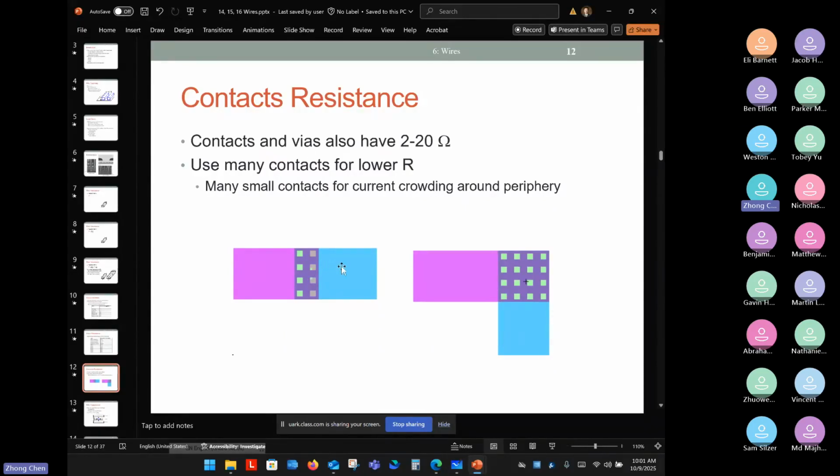The metal itself has some resistance, but in the contact layer they will create some additional contact resistance. And if the contacts are arranged like this, you can find out there's some current crowding. If you're doing this kind of connection, the current crowding will actually increase the resistance as well.